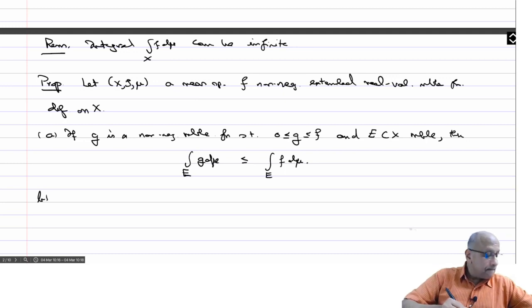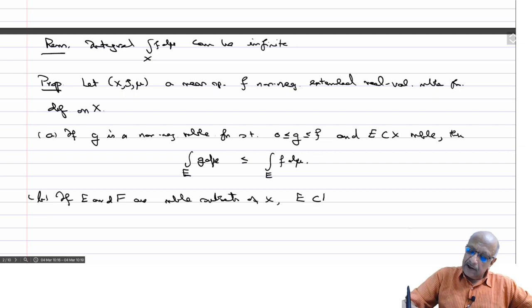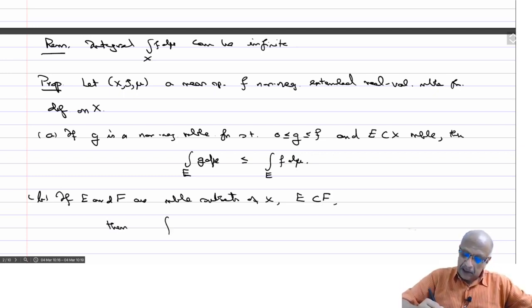B. If E and F are measurable subsets of X and E contained in F, then the integral over E of f d mu is less than or equal to the integral over F of f d mu.